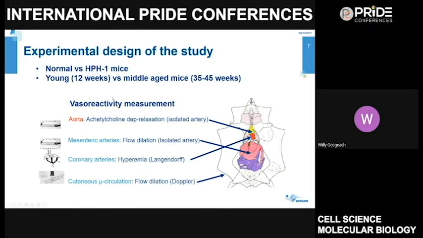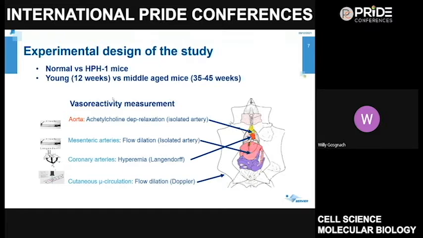For all these vessels, we chose what we considered the best stimulation to induce a nitric oxide dependent relaxation, that is to say acetylcholine for aorta, the flow-mediated dilation for mesenteric artery, that is to say the adaptation of the vessel to an increase in blood flow, the hyperemia response for coronary arteries, that is to say the vasodilation of the coronary artery in response to a transient ischemia. And for cutaneous microcirculation, we tested, like for the mesenteric arteries, the flow-mediated vasodilation.